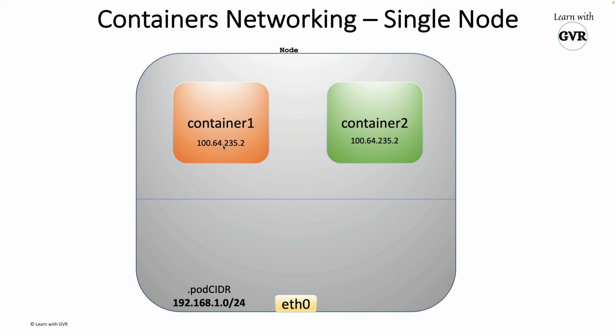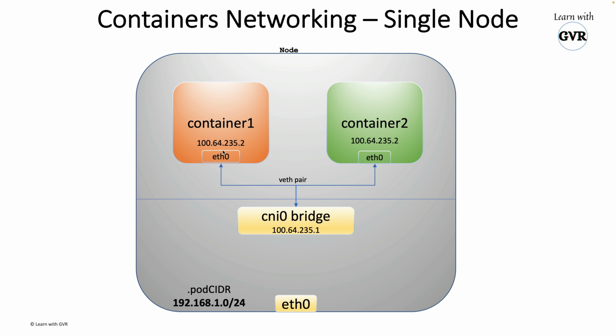So these containers will have individual IP addresses, and every container will have an interface eth0. By using a veth pair, a virtual ethernet pair, it will be connected to the CNI bridge, the cni0 bridge, and this bridge also will have one IP address.